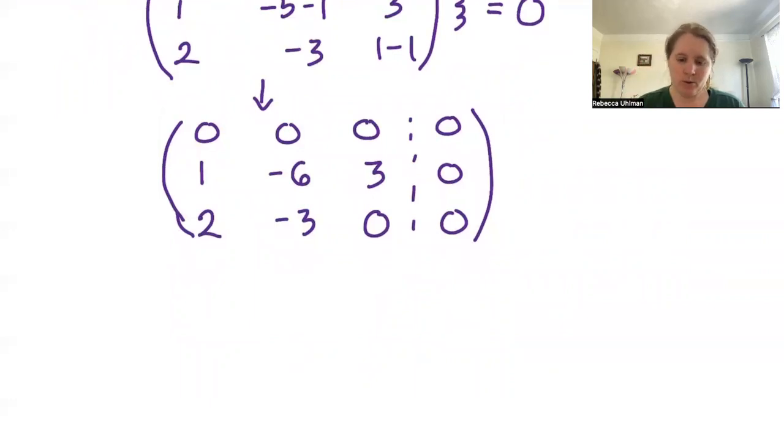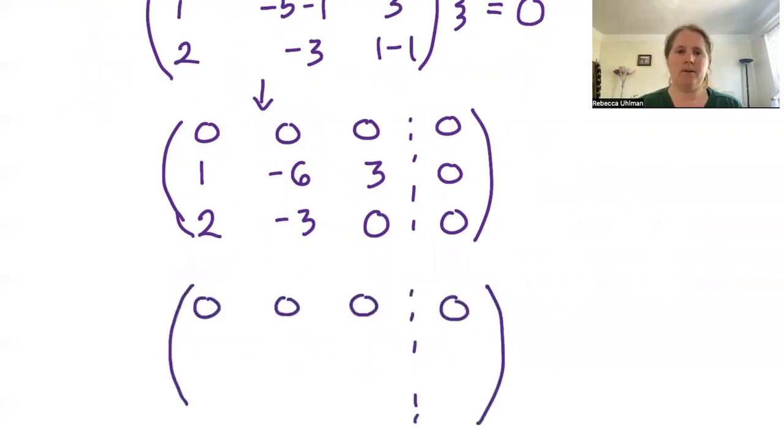If we leave row 1 alone, 0, 0, 0, and leave row 2 alone, 1, negative 6, 3, 0.